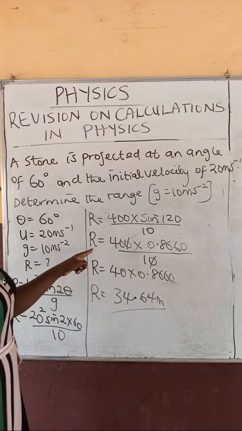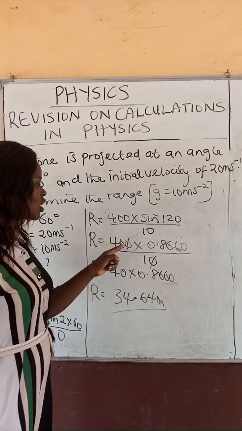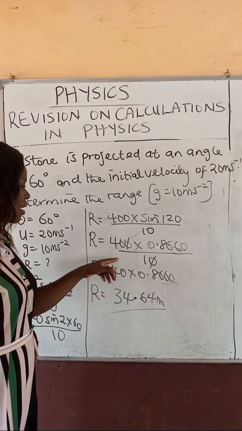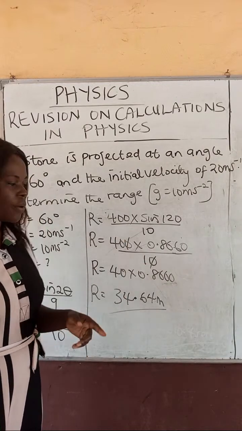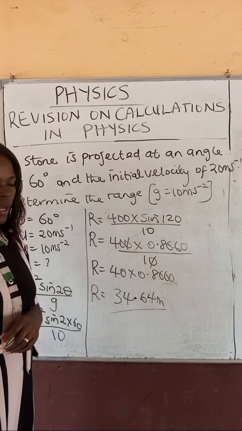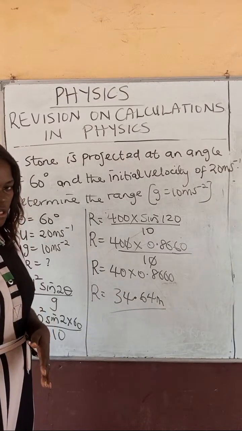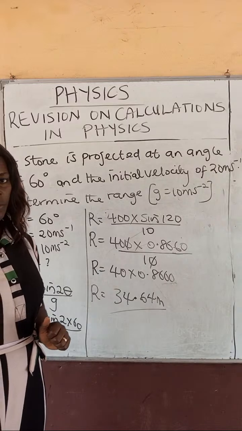Okay, so we have R is equal to 400 multiplied by sine 120, which is going to give us 0.8660. Now I divide by 10. Of course, this 0 can cancel this 0, and I have 40 multiplied by 0.8660, right? And my answer becomes 34.64 meters. Do you understand? So, Grace, this is the answer to your question.